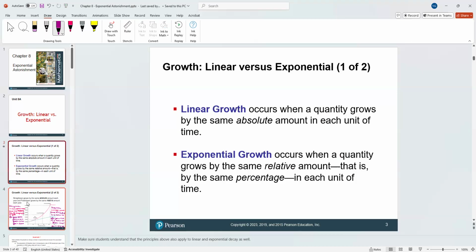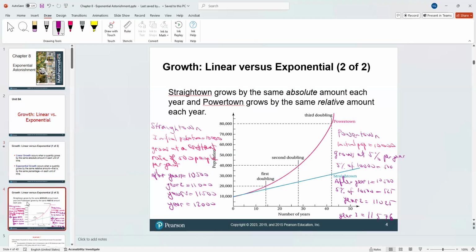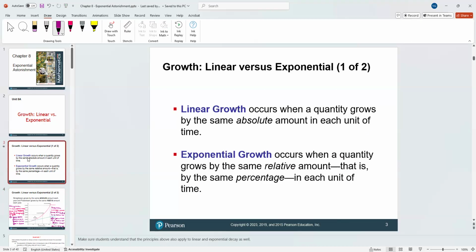But you see the other one, Power Town, grows by the same relative amount, 5% each year, which is characteristic of exponential growth. So exponential growth occurs when a quantity grows by the same relative amount, that is, by the same percentage in each unit of time.